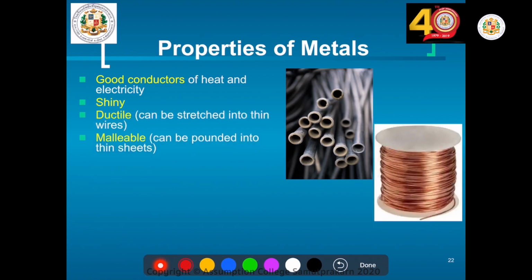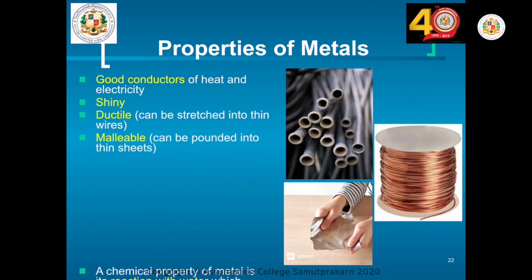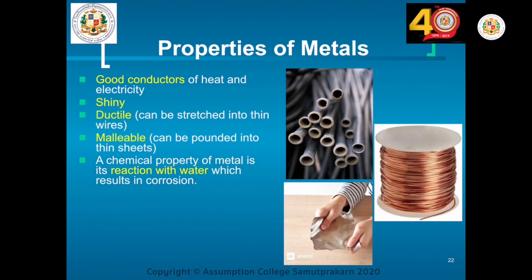Now next, metals are malleable. That means they can be pounded into thin sheets. So you can hammer them, you can press them to become very thin. For example, look at this photo. We have aluminum foil. You would see that aluminum foils are very thin, but remember, aluminum is a metal.